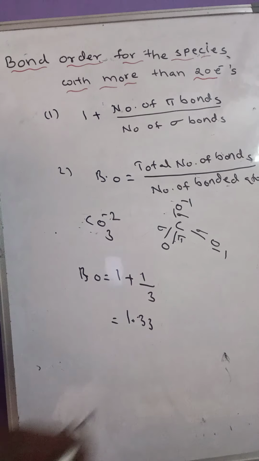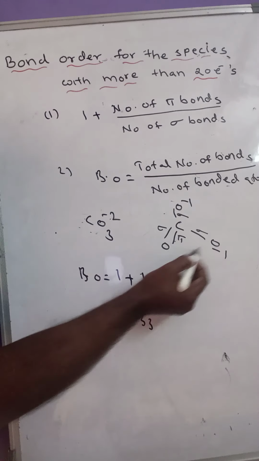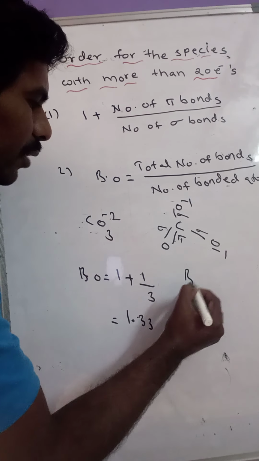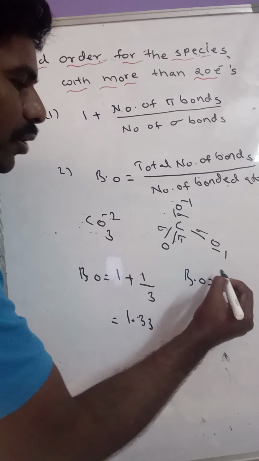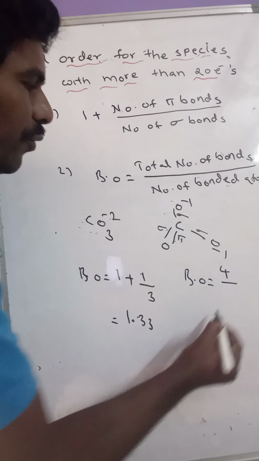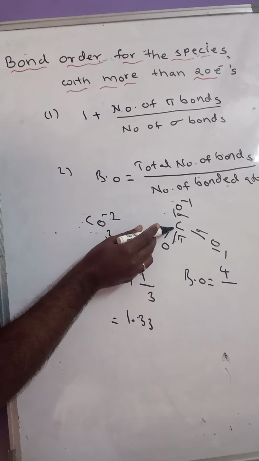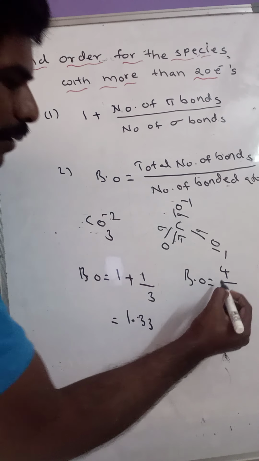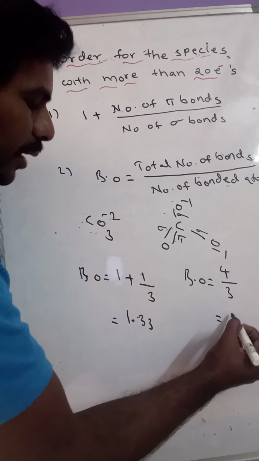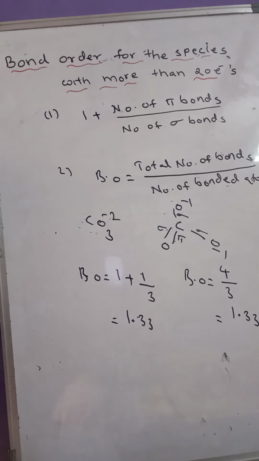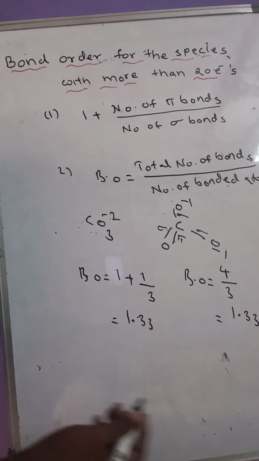Otherwise, use the second formula. Total bonds here: 1, 2, 3, 4, so the total number of bonds is 4. And bonded atoms except carbon: 3. So 4 by 3 again gives 1.33.